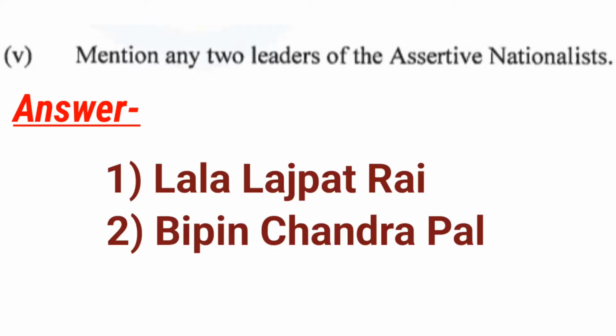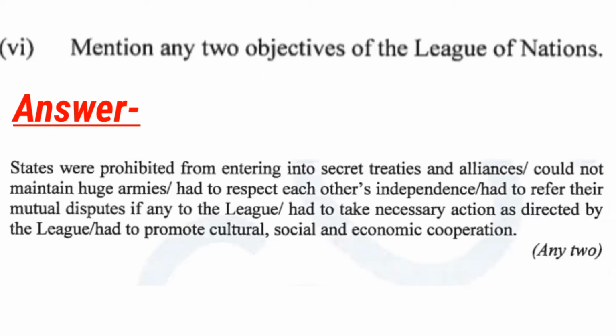Next, number 5, mention any two leaders of the assertive nationalists. So two leaders of the assertive nationalists are Lala Lajpat Rai, second Bipin Chandra Pal. Next, number 6, mention any two objectives of the League of Nations. So here you have to mention any two.